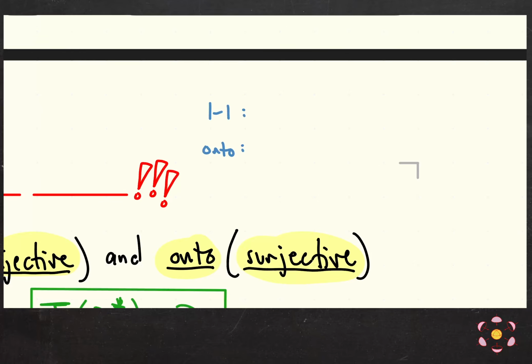So what this means is, if you've got two different inputs, x1 and x2, and they're not the same, then what you're going to get is two different outputs.